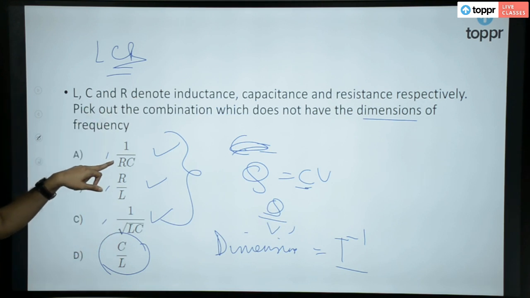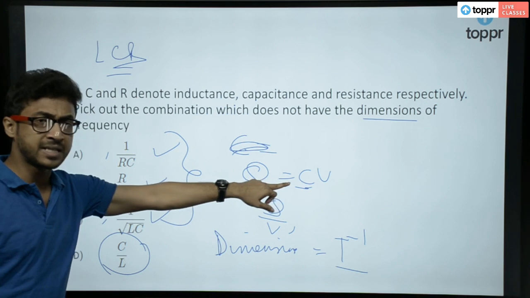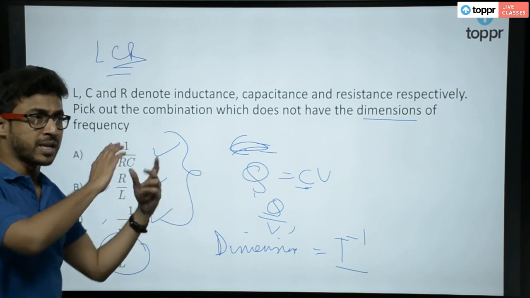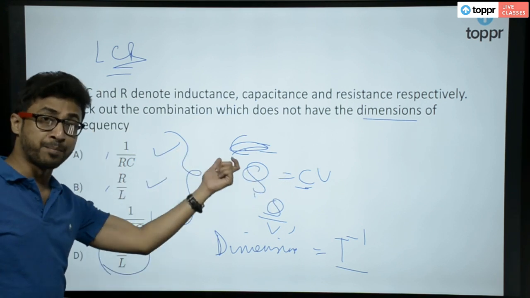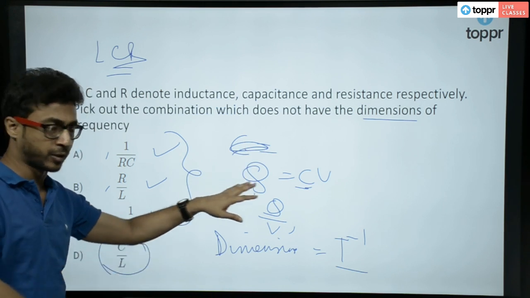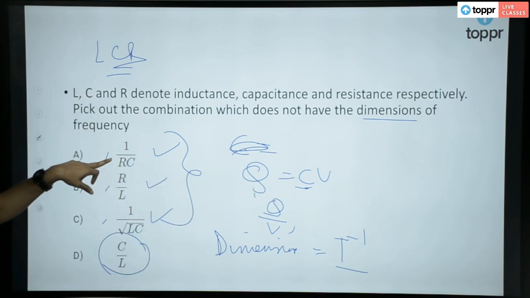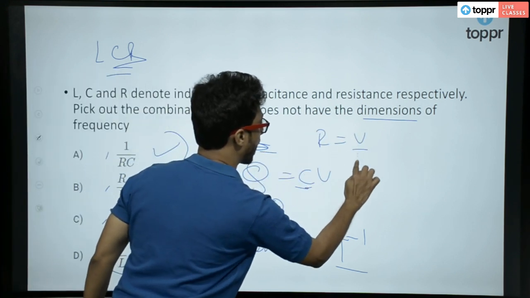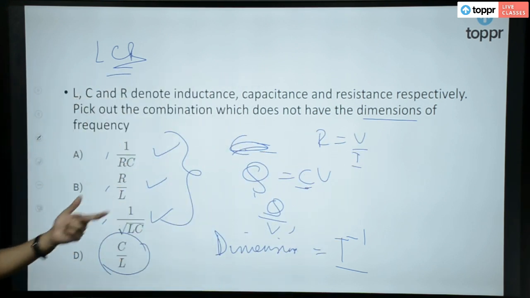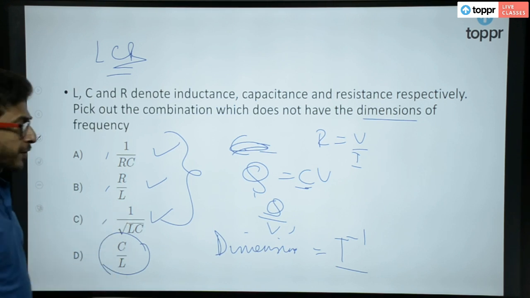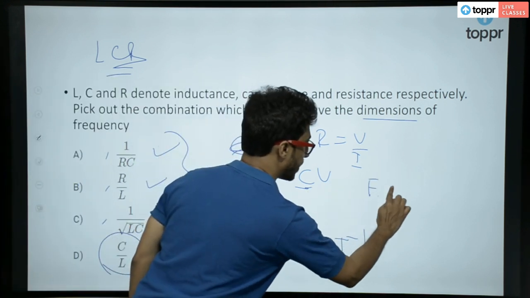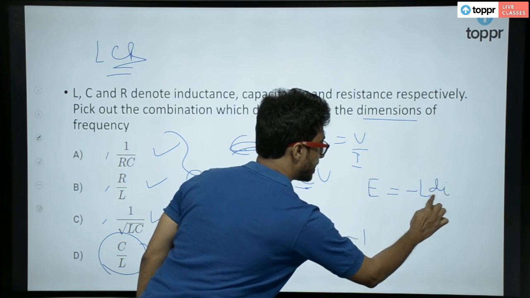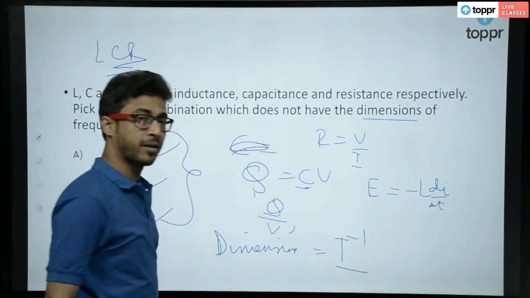For C, it is very simple: Q by V. Q is I into T, and I is ampere, so A into T by V. You can do it. For R, similarly, V by I. If you use the basic formula, you can find out. How to find the dimensions of L? We use E equals minus L di by dt.